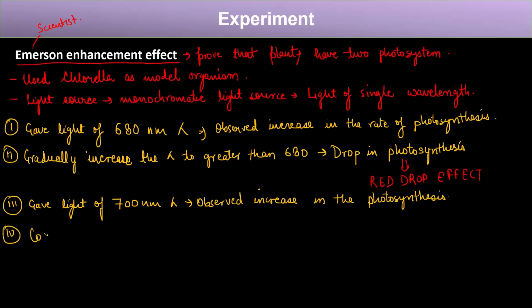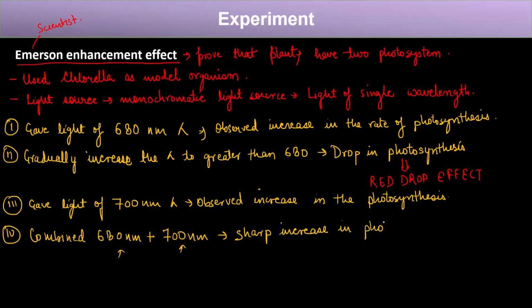He gave the combined 680 nm plus 700 nm, and he observed a sharp increase in photosynthesis by 25%.